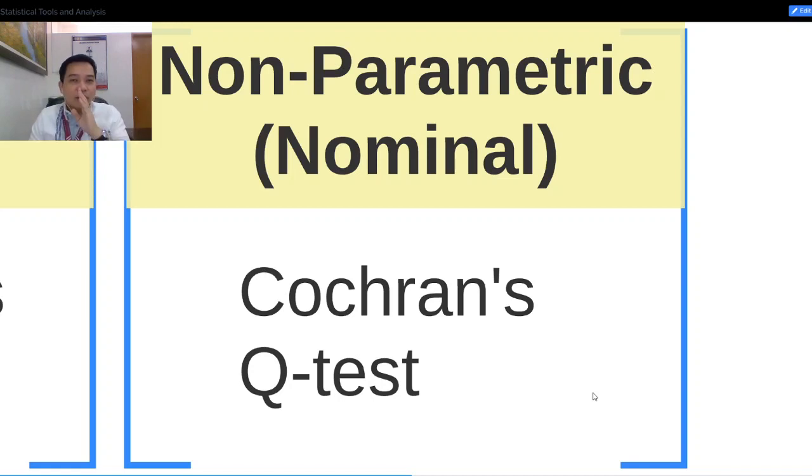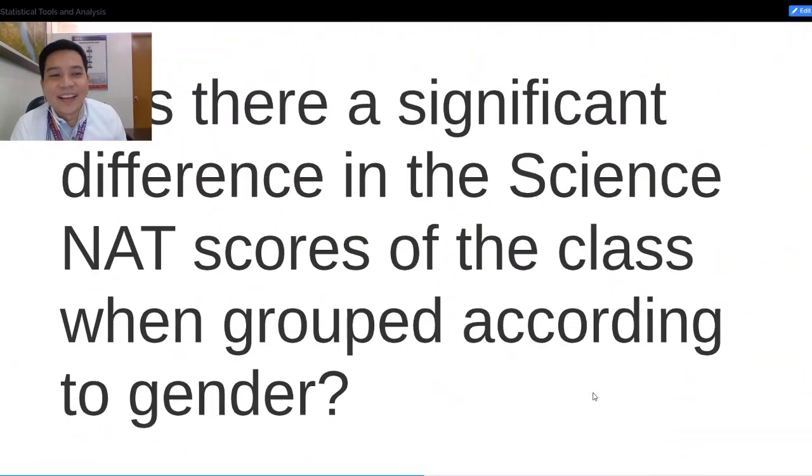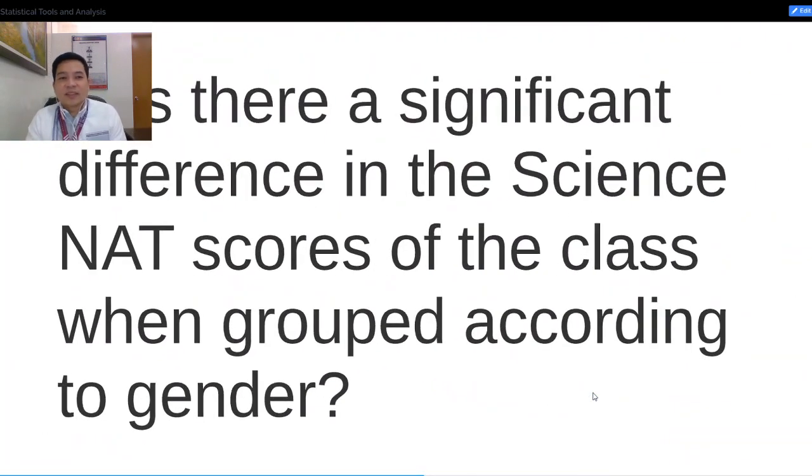And lastly, if you're dealing with one test, one group, but given, let's say, three times, and your data is nominal, you will be using a non-parametric test, and the title of the test will be Cochran's Q-test. Okay? Easy peasy. Let's go to the third question.